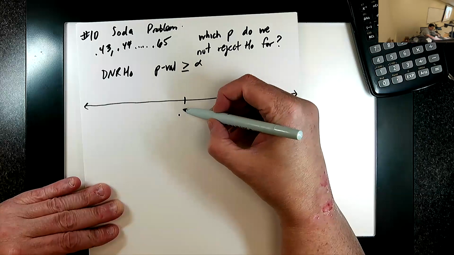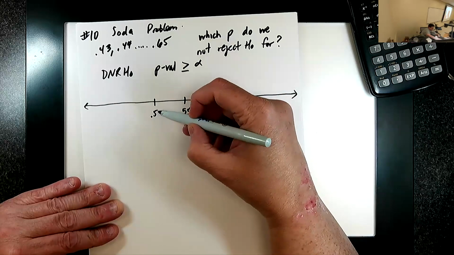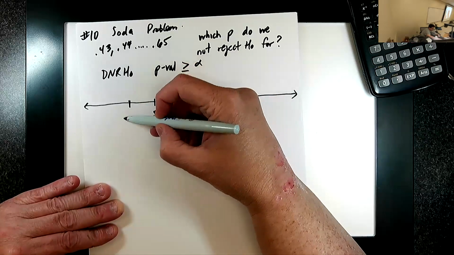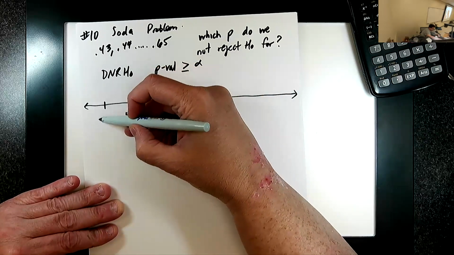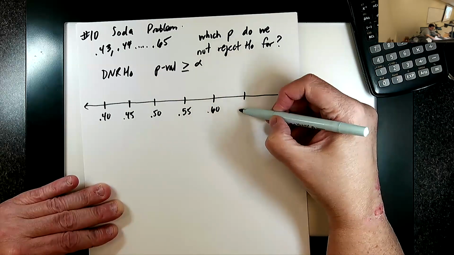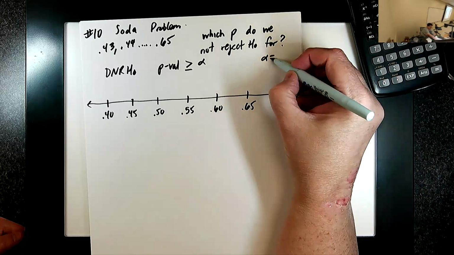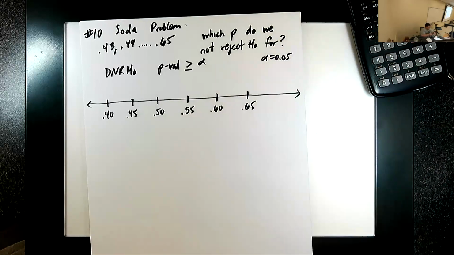That's roughly the middle. Then I'm going to do little blocks of 5. Alpha here was 0.05. We're going to find a range of values here that work.